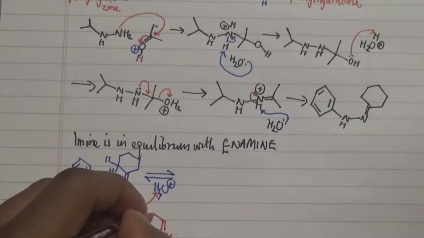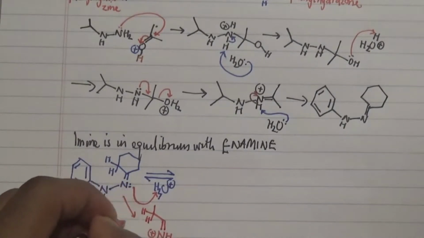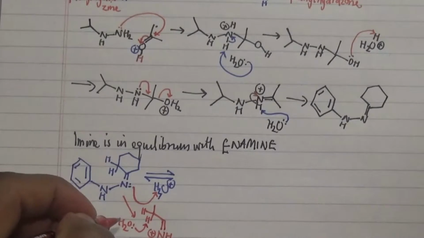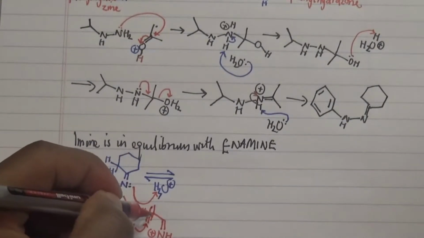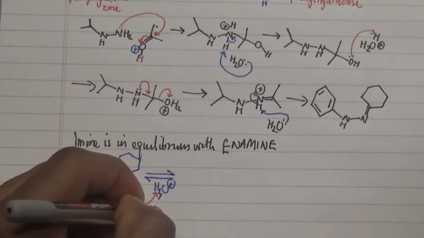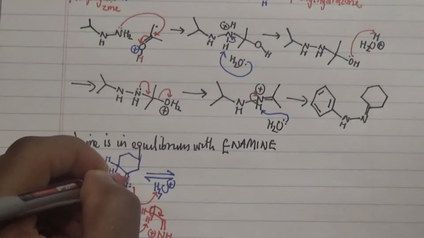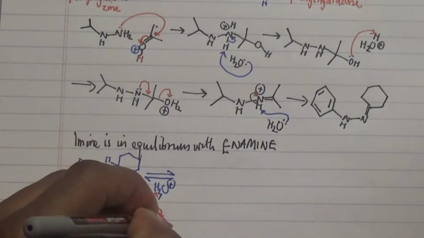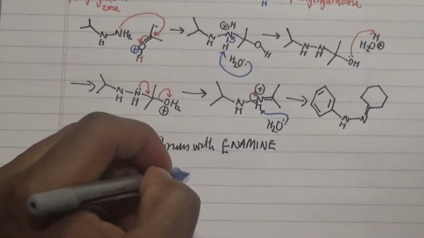And what happens next is that water comes in and picks up a proton by deprotonation, and then this hydrogen leaves, and this particular bond here becomes a double bond between this carbon and that carbon, and then this forms a lone pair on this nitrogen, therefore resulting in the formation of an enamine.